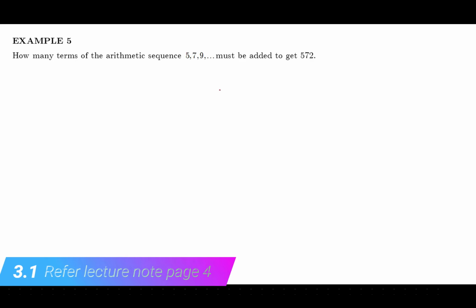Now look at example 5. How many terms of the AS 5, 7, 9 must be added to get 572? So this is an ascending order of AS, with 5 as the first term A and D is 2. The 572 here is the sum of our first n terms, where we do not know our n.